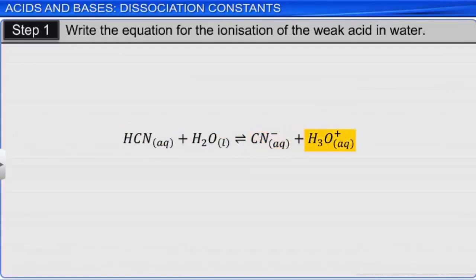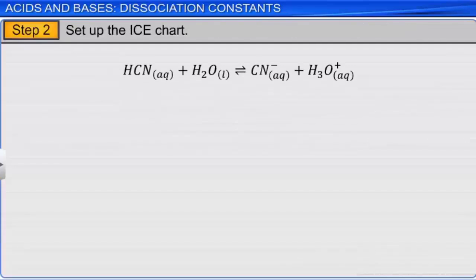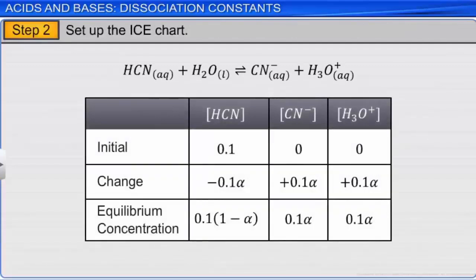In the second step, set up the ICE chart. The initial concentration of hydrocyanic acid is given as 0.1 M. The initial concentration of the products is 0.